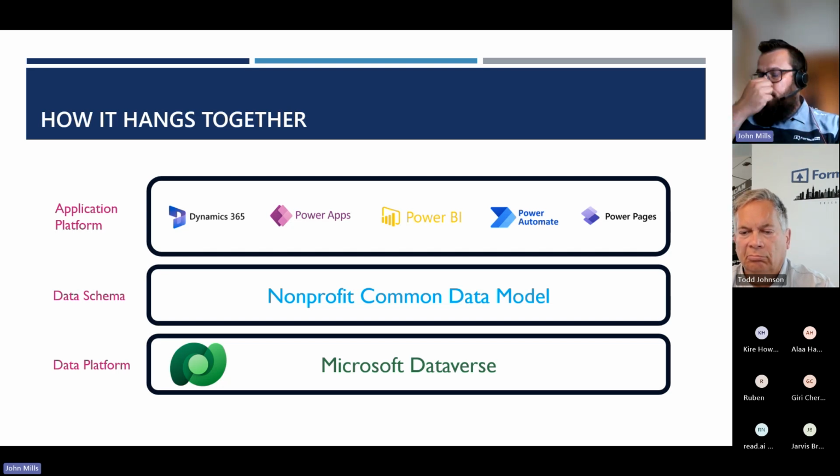And it also uses Power Apps, which is a feature of Microsoft's Power Platform, which allows you to build very specific applications for doing things, which could be used on browser or mobile or tablet technology. And all of this interacts with the data that you've got in Dataverse and that non-profit common data model.